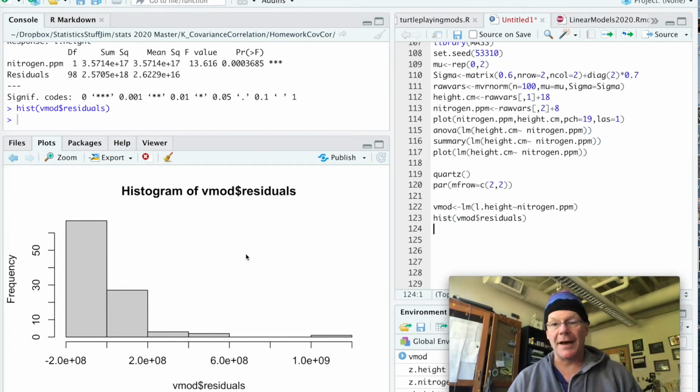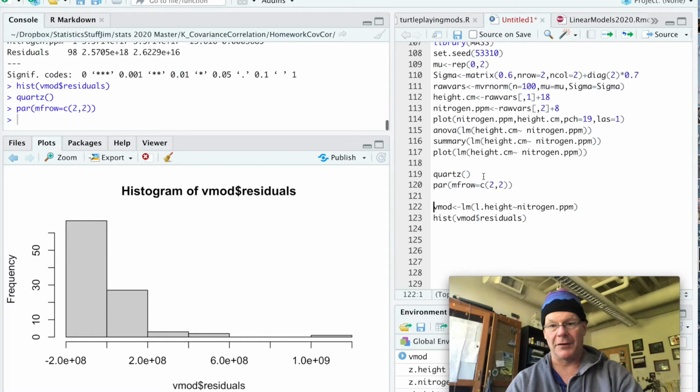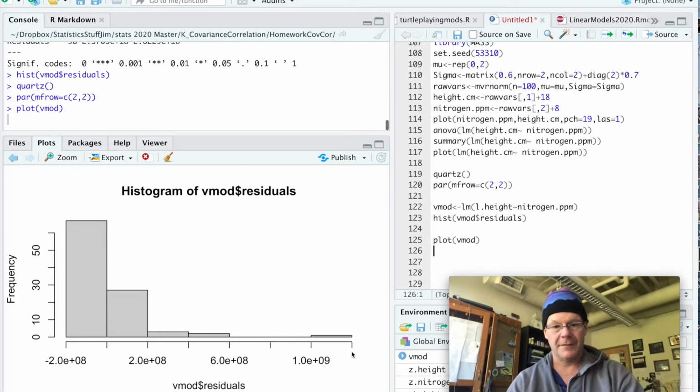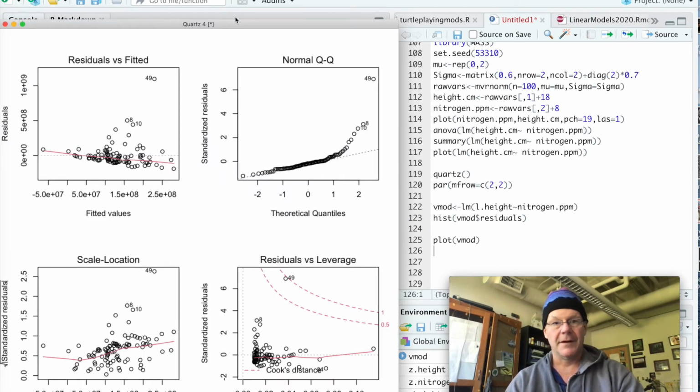And now let's go through those 4 plots again, just so we can see what those diagnostics look like when we've clearly screwed up a little bit and violated the assumptions of the model. So I'm going to pull up that Quartz window again and plot my new model here. And what do we got here?